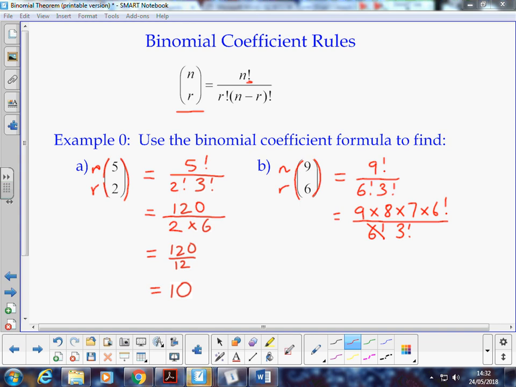We can cancel them out, and that would leave us with the calculation of 9 times 8 is 72, multiplied by 7. 72 times 7 is 490 plus 14, which is 504. Divided by 3 factorial, which is 6, 504 divided by 6 is 84.